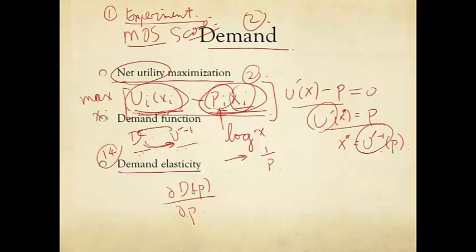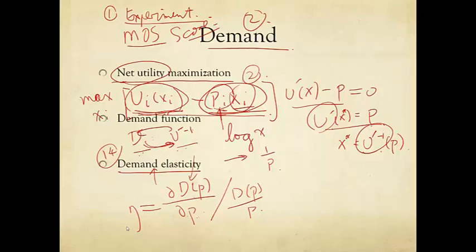This is sort of like my price sensitivity, right? If price goes up, how much is my demand dropping? But I also want to normalize it. So I'm going to normalize it by dp over p. This normalized version of price sensitivity is called demand elasticity and often represented by the symbol eta.